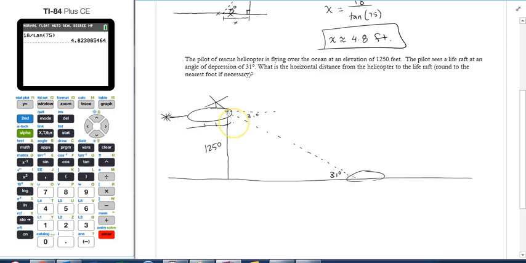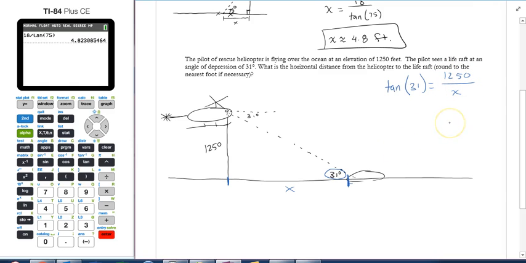What is the horizontal distance from the helicopter to the life raft? Well, horizontal distance would be measuring from here to here. That's what we don't know. I can use this as my angle. I have the opposite and I need the adjacent. That's the tangent function again. The tangent of my angle is equal to the opposite divided by the adjacent.